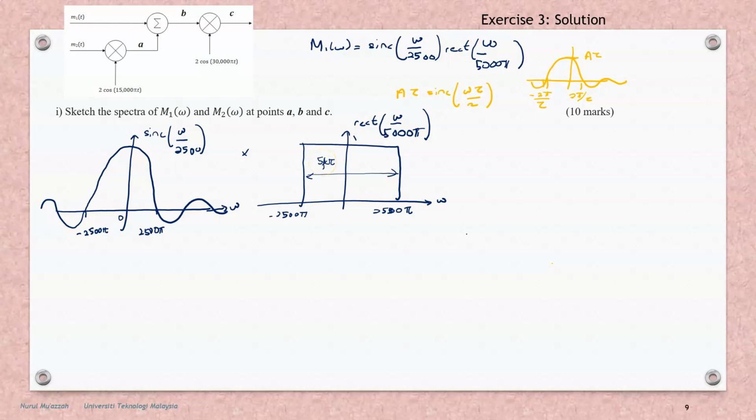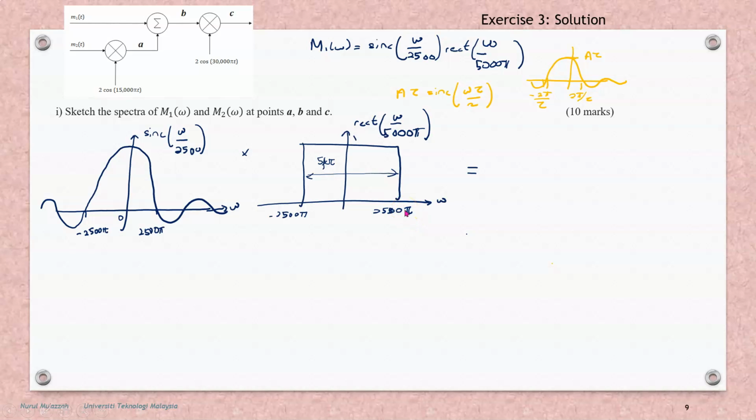When these signals are multiplied by the rectangle function, whatever signal remains here is the signal between negative 2500 pi to 2500 pi.